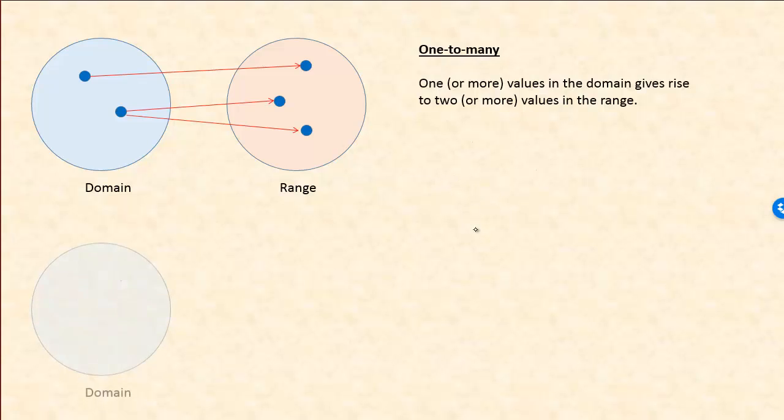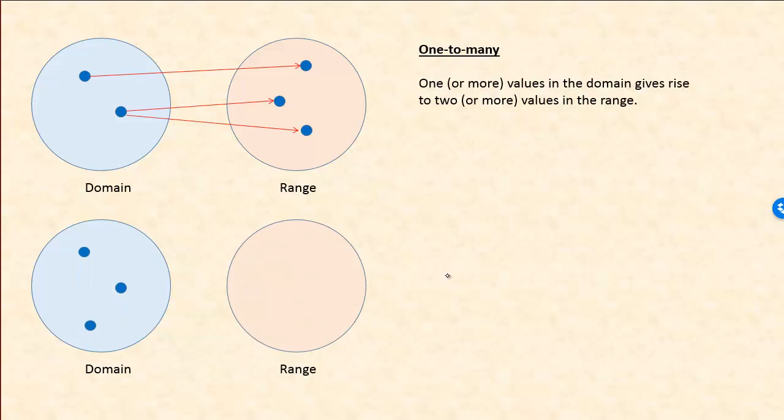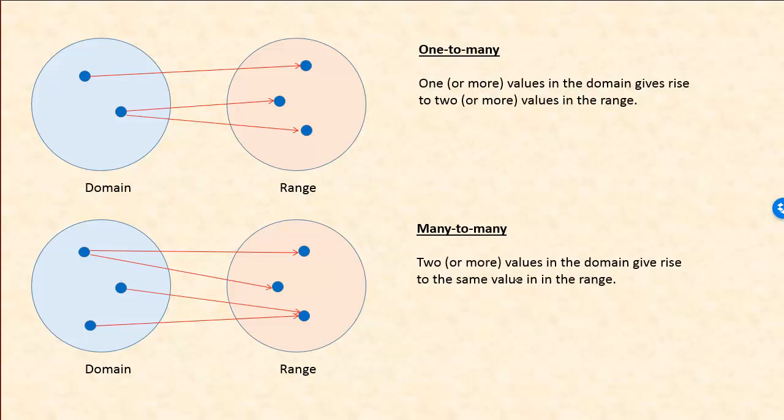And then we've got one more type, and actually this is a combination of the last 2 types, where we've got one value over here giving us 2 different values here, but 2 different values here giving us one value over here, and that's called a many-to-many. 2 or more values in the domain give rise to the same value in the range.